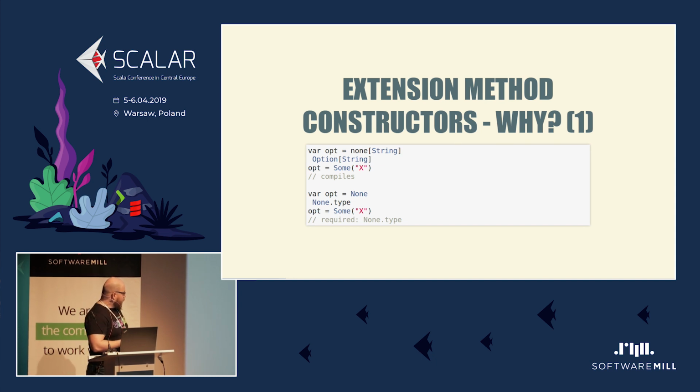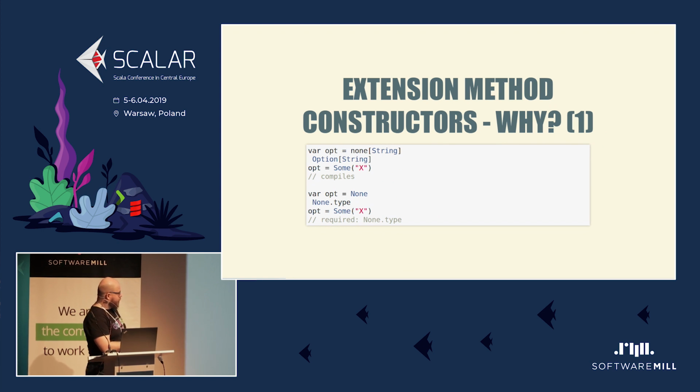So let's start with looking at the bottom here. So here you can see, by the way, sorry about the var, so mutable state. Here you create an option just by using None. And the problem here is that None is its own type. So this opt thing here is of type None.type, right?